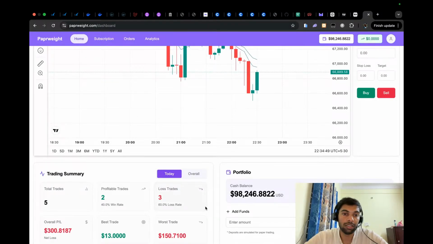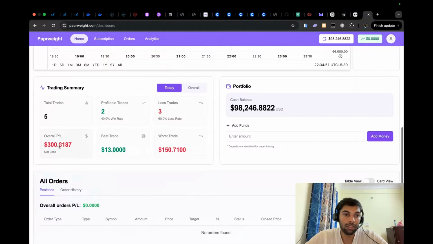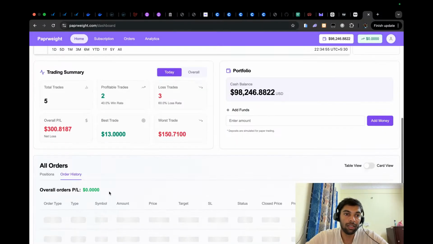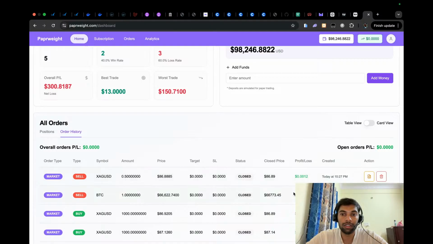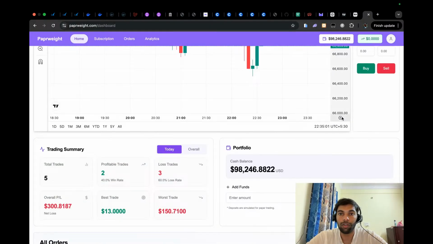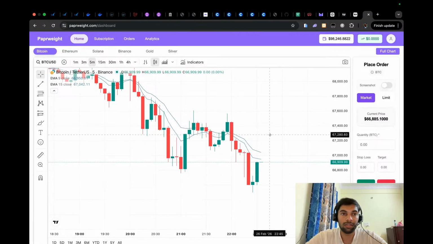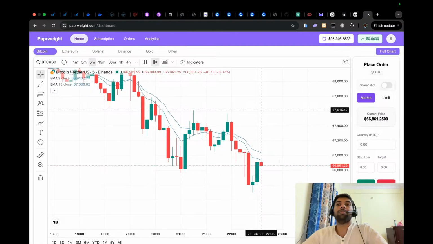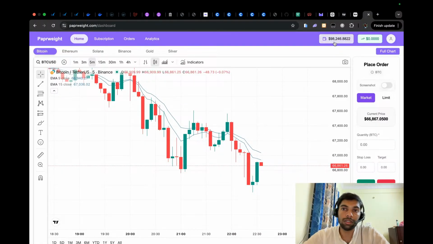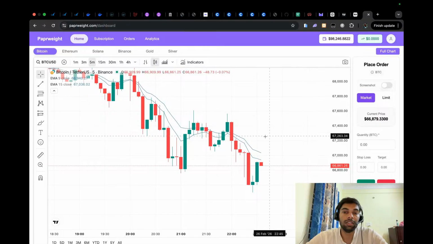As you can see, the stop loss is recorded and added to my overall loss, but for some reason it is not updating my overall wallet. So I just fixed it from the backend. I'll see what the issue is there, but it's fine.